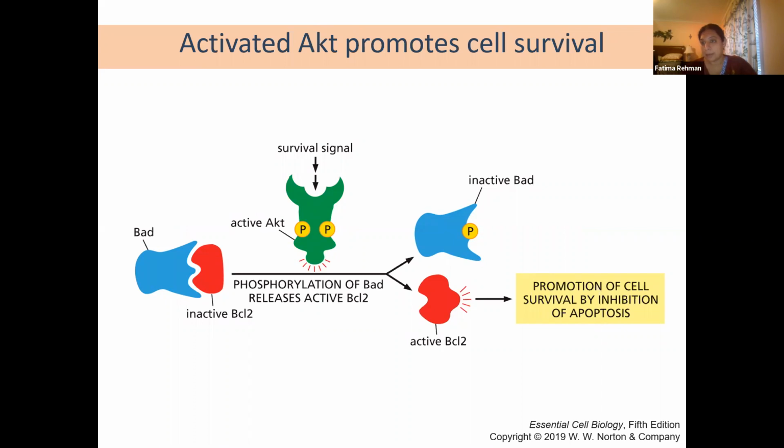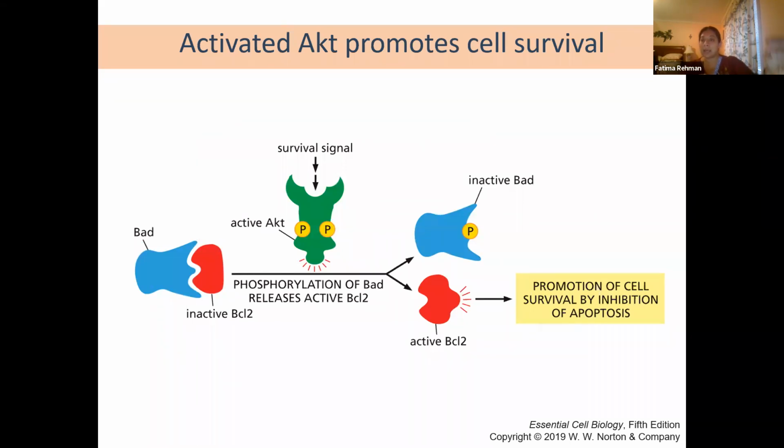One of the proteins that it activates for survival is the Bad-Bcl2 complex. Now, normally, the Bad protein is bound to the Bcl2 so that it is unable to work. Bcl2 is basically inactivated and it cannot work.